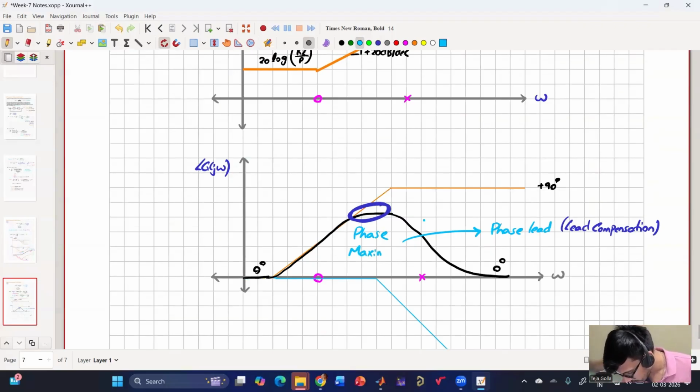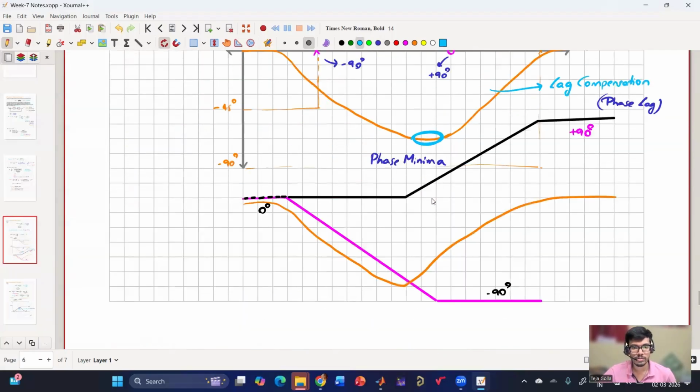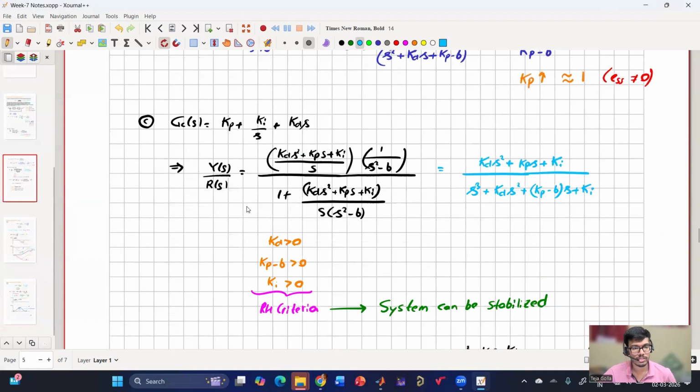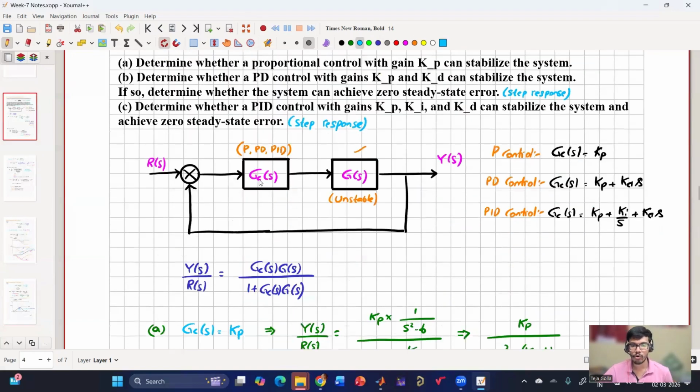This is phase maximum. Is this clear, Saurabh? What are lead and lag compensation? Sir, what is the basic difference between lead and lag compensator? When I have a closed loop system, something like this, and I want to add a phase to the plant, if I want phase addition, it is like phase leading, so I'll use lead compensation.